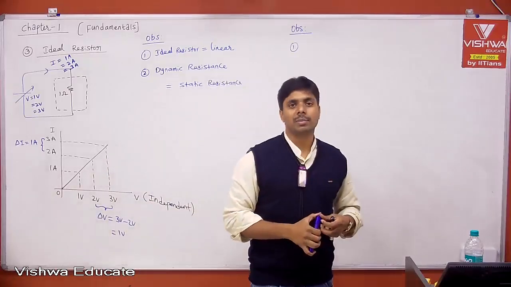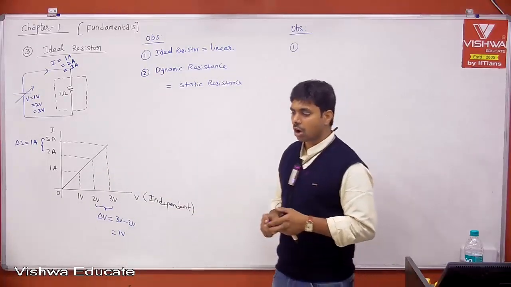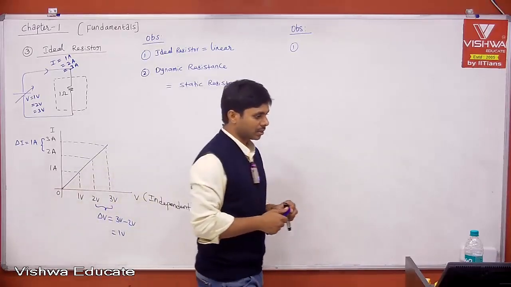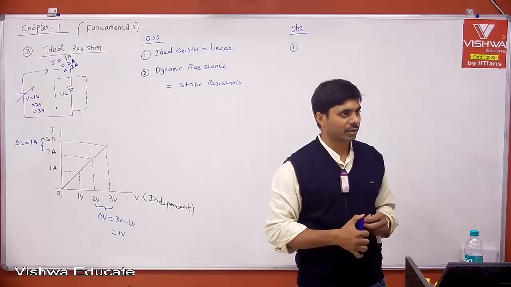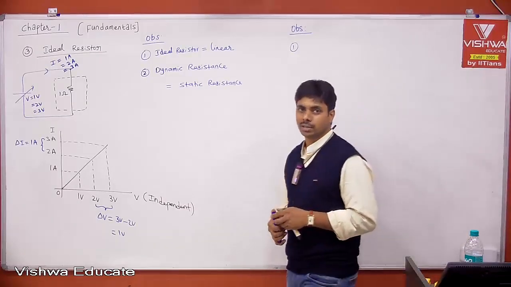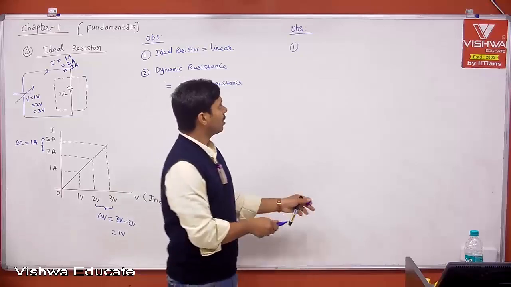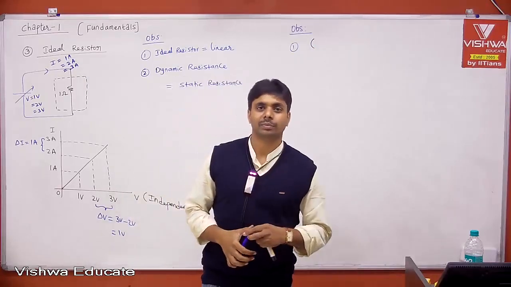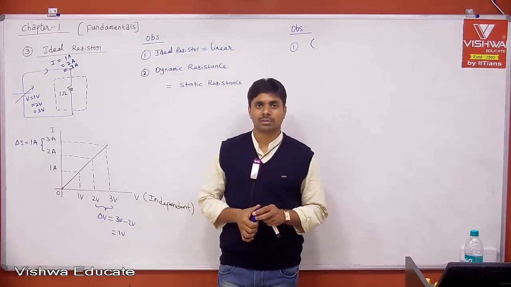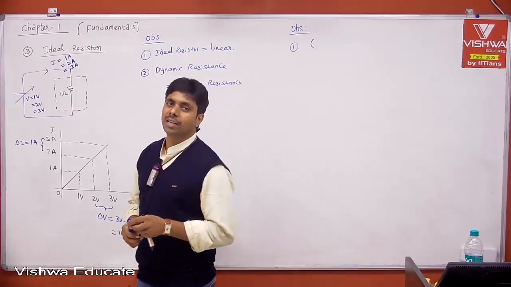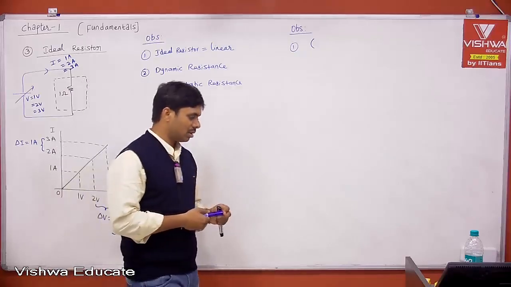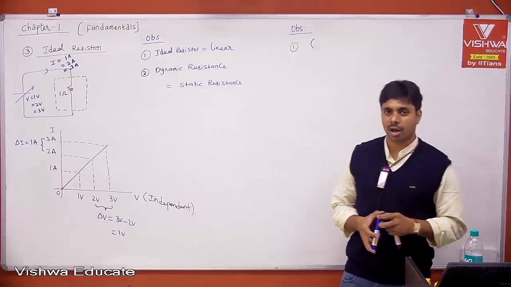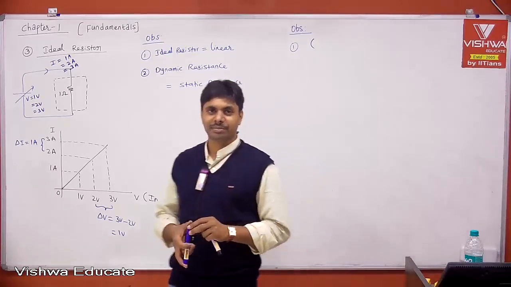Write down. For all non-linear elements, in bracket: ideal voltage source, ideal current source, PN junction diode.